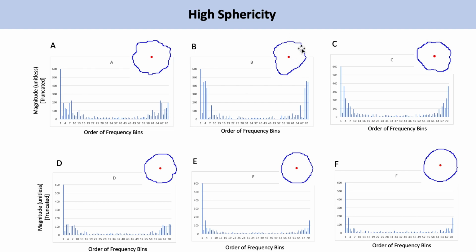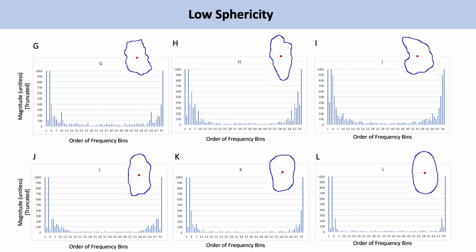If you look at B and C, it's clearly not radially symmetric because there's a protrusion here, and this one looks like there's a protrusion on this end and this end. So the pattern is that when the object is not radially symmetrical, the last 3 bins are the largest. Next are shapes G through L, which are the non-spherical shapes, the elongated ones.